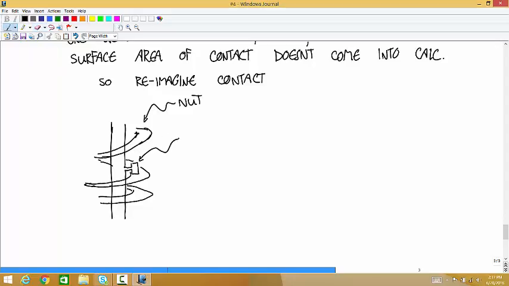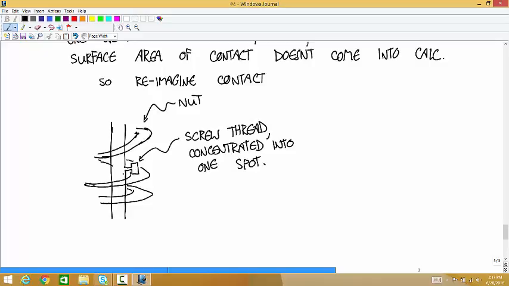This little block is the screw thread concentrated into one spot. You can do that because the surface area of contact doesn't matter in this calculation. Okay.